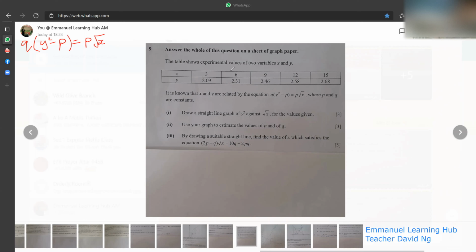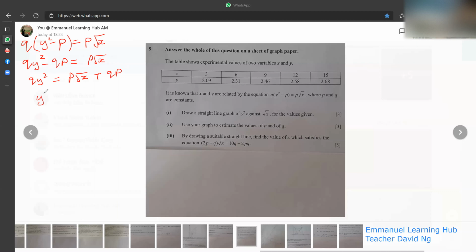Okay, you plot y squared against square root x. Then your q y squared minus qp is equal to p square root x. So your q y squared is equal to p square root x plus qp.